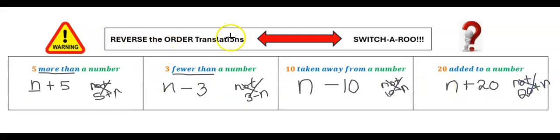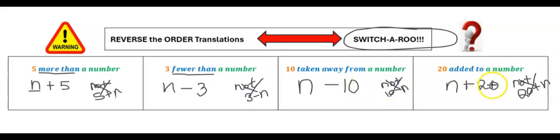So what I call this is the switcheroo. More than, fewer than, those pieces are telling you that you have to read for those and know that we're going to switch the order. The 5 came first, the variable came second. But that's not the order it translates in when you translate it to that algebraic math expression. 3 came first, but it comes second in your expression. The 10 came first, but it comes second.